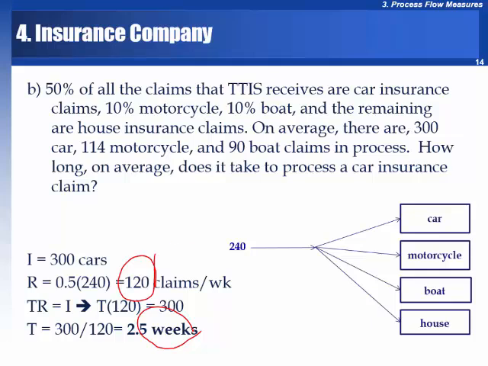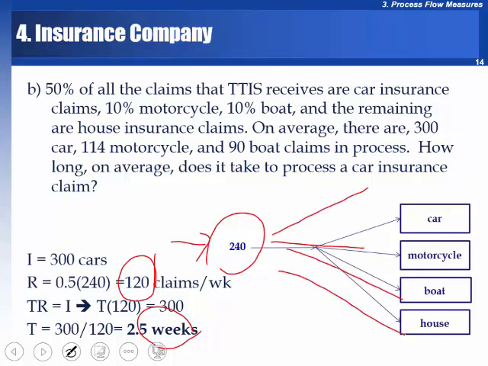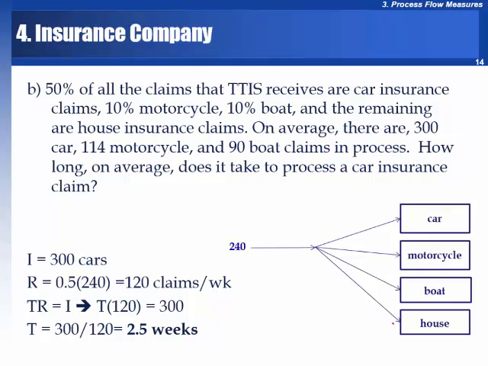240 claims per week come in. They go into these 4 rivers. At what rate? At these rates. 50%, 10%, 10%, and if I have these 3, finding this one is quite easy because 1 minus these 3 will become this one.